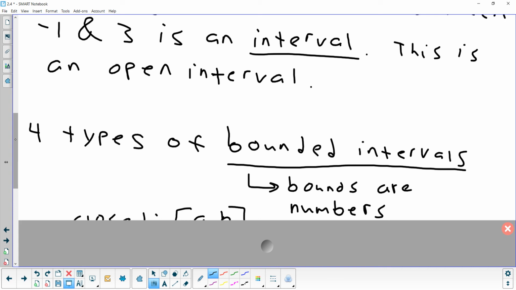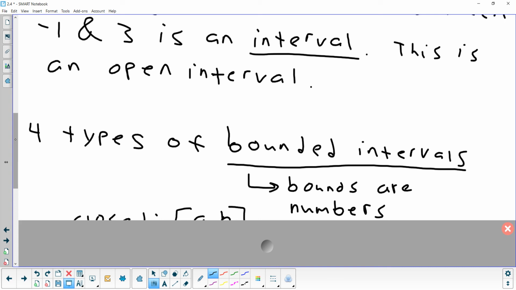of my interval. Can anybody think of a symbol that we use in interval notation that would represent an interval going on forever? Not stopping. Yeah? Yeah, the infinity symbol. Okay, that's different.